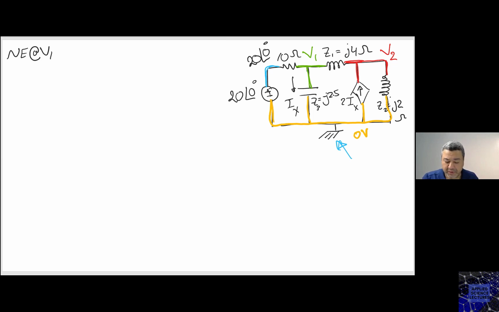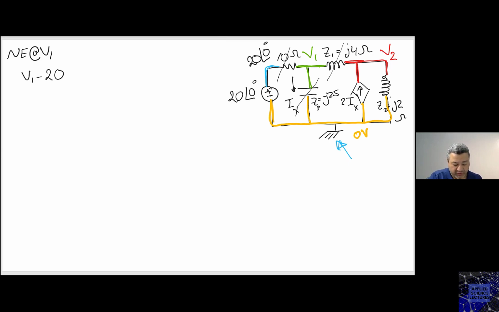So keep in mind that V1 here is connecting, as you can see, three components: the 10 ohm, the minus J2.5, the J4, right? So when you write another equation, you're expecting to get the same fractions here as well. So you have V1 minus 20, and I will remove the 0 because the phase angle of 0 basically means 20, because cosine 0 plus J sine 0, right?